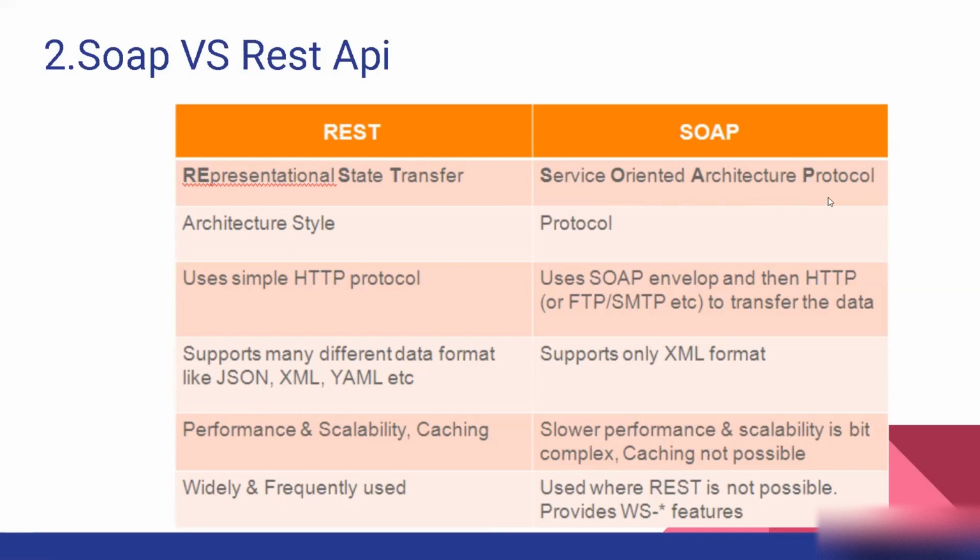Initially, when mainframe systems and other systems were used, SOAP was very popular. But then JSON came in, and JSON is much faster than SOAP and travels at a much faster speed. And it's easy to make apps on JSON compared to SOAP. So that's why JSON became more popular these days.